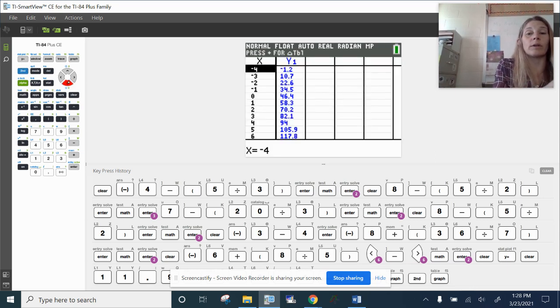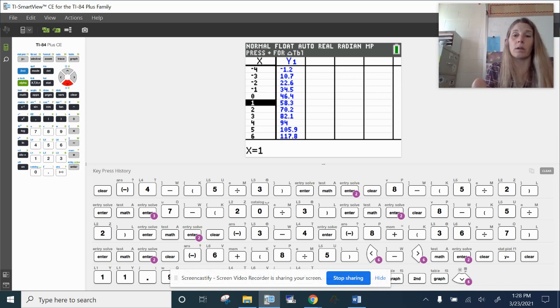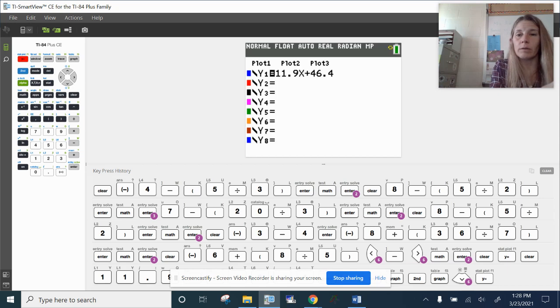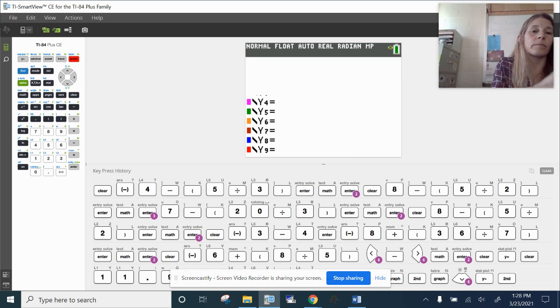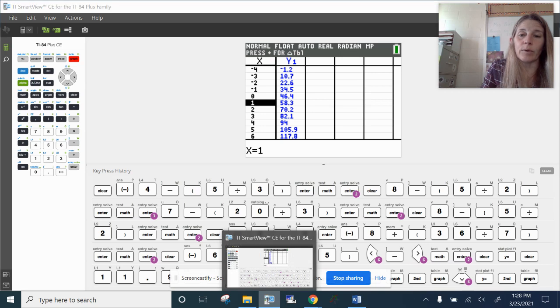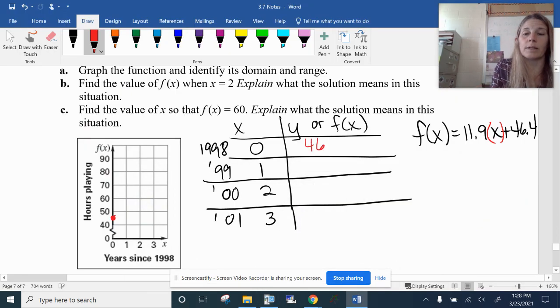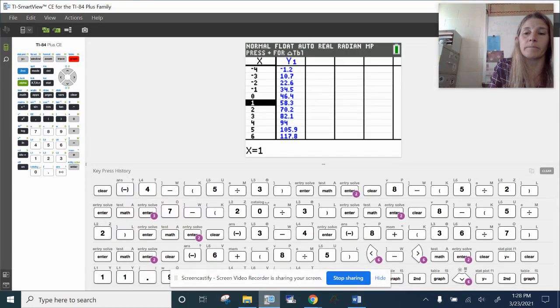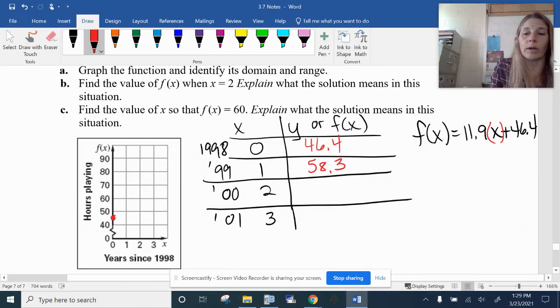And notice I was starting at 0, right? So 46.4. Oh, I think I missed something here. Okay. All right, so 46.4, then 58.3, 70.2, and 82.1.